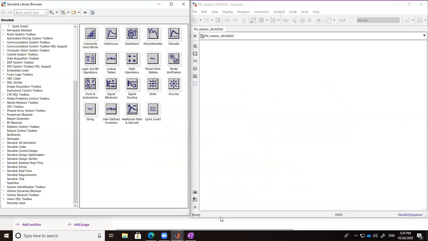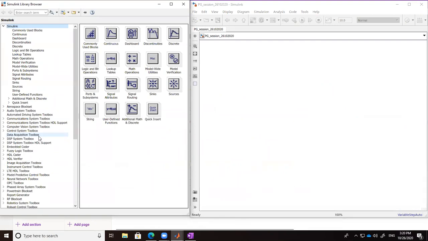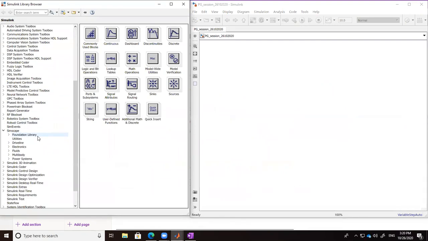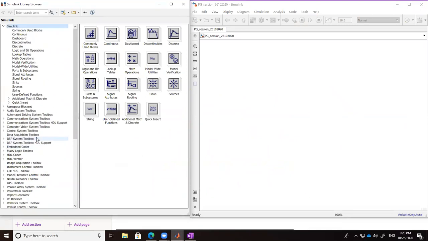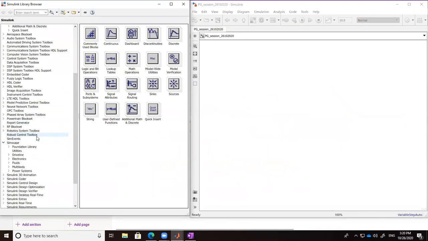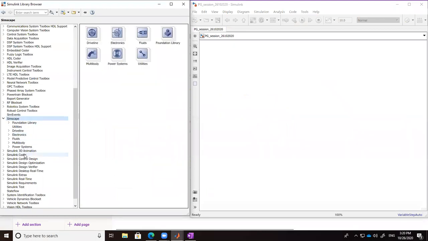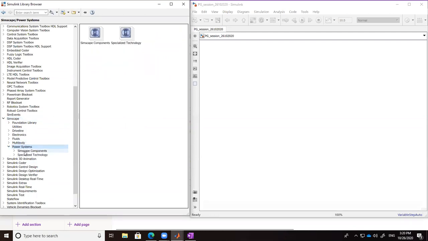Okay. So let us say in Simscape, now I want to implement this. Fine. So as I said, you need to go to the Simulink library browser. In the Simulink library browser, select Simscape. In Simscape, select Sim Power Systems, that is this one.